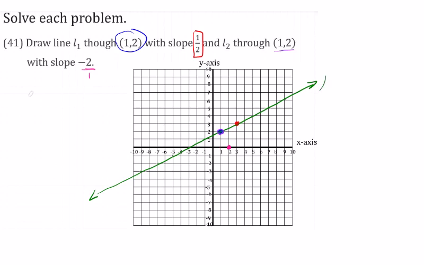And let me make sure I label L1. And then for this next one, we'll label it L2. Just get a few more points. If you have a straight edge, that'll make it a little bit easier to draw these lines.